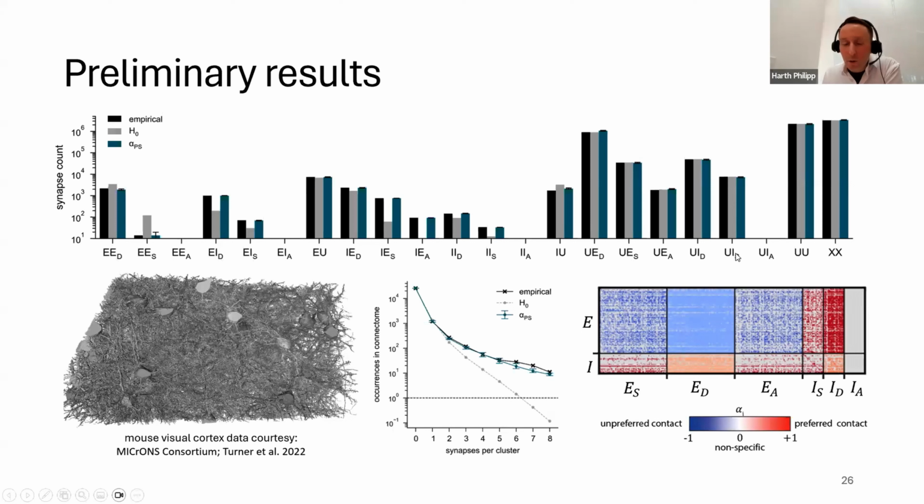And if you repeat this for all combinations, you can now infer wiring specificity parameters that indicate certain wiring preferences. And we've also done this for this statistic, which shows the number of synaptic contacts per neuron pair. So the 2 here indicates that any pair is connected by 2 synapses rather than 1, and so forth.